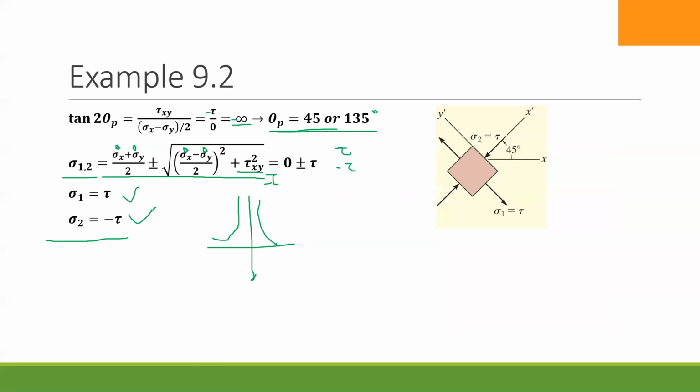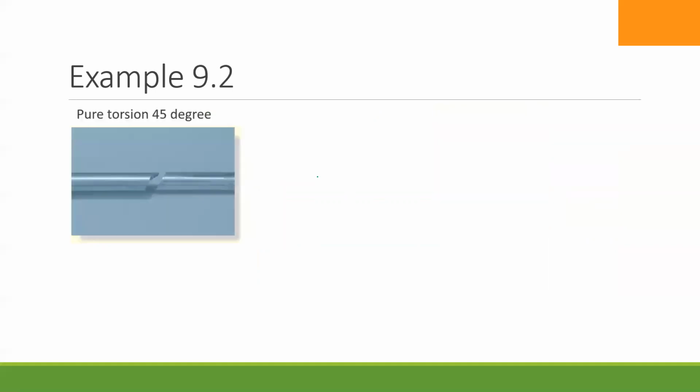Okay, it's very simple, but I want to start with the 45 degrees. So geometrically, if I try to make a pure torsion, we have a crack at 45 degrees. So maybe we can figure out that when we have pure torsion, our beam or our bar can crack at 45 degrees, because the weakest orientation is 45 degrees.